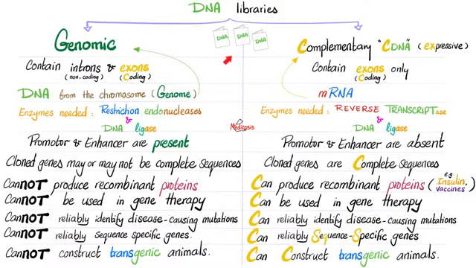DNA libraries, copies of DNA that are ready to use, just like grabbing the desired book off the shelf. And we have two types, genomic versus complementary, or cDNA. The genomic one came straight off your genome, i.e. from your chromosome, which means it's going to contain introns and exons.